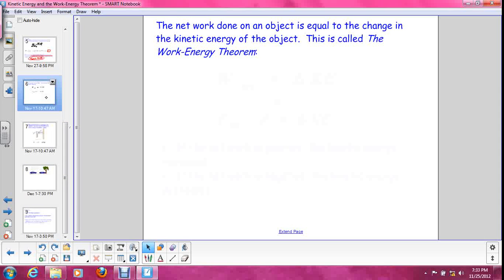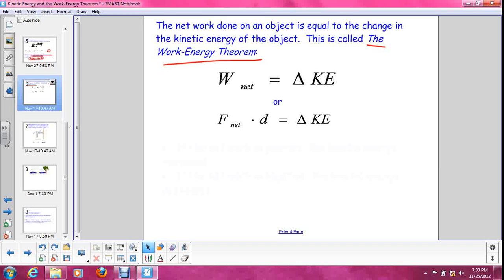So the net work done on an object is equal to the change in kinetic energy of an object. This is called the Work-Energy Theorem. And it's really, really important. The net force times the distance something travels is equal to its change in kinetic energy.